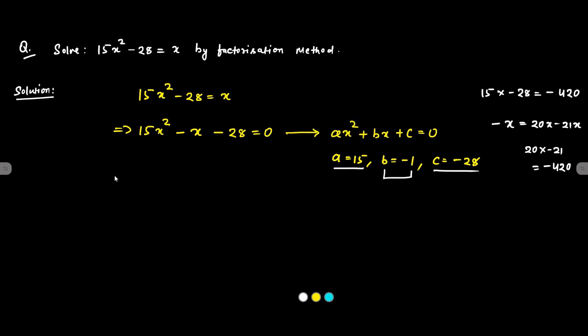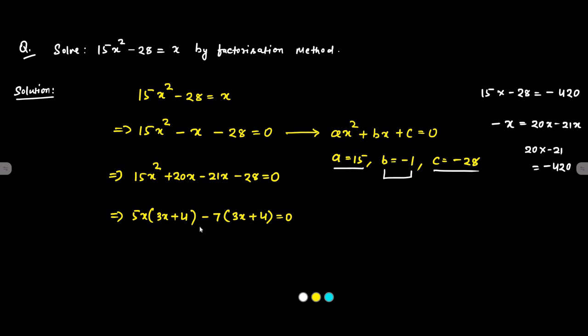So that implies, if we do the split here, 15x square plus 20x minus 21x minus 28 is equal to 0. That implies, taking 5x common, 5x into 3x plus 4, minus 7 into 3x plus 4 is equal to 0.